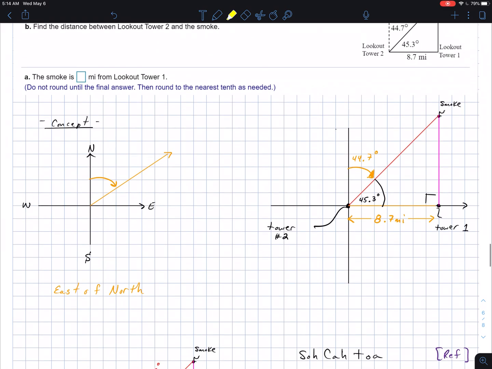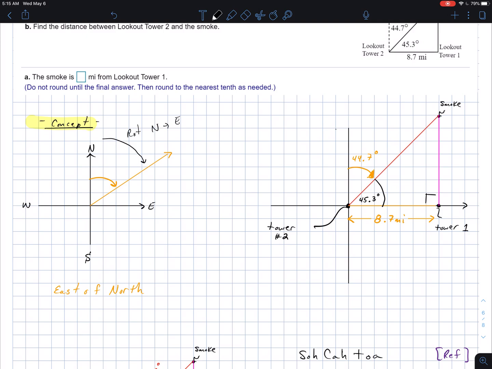What I did was I wrote out the concept here, okay? And what you can see here is that I'm rotating, right? I'm rotating from north to east. So I'm rotating north to east. That would be east of north. I know it sounds opposite, but you have to think about it.